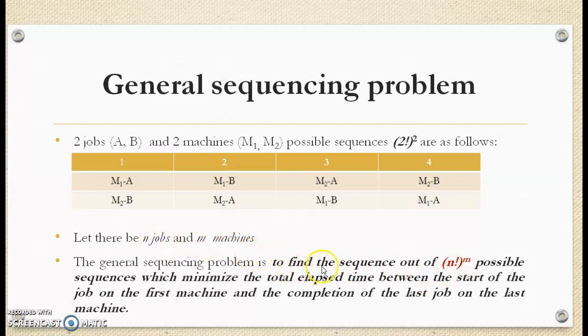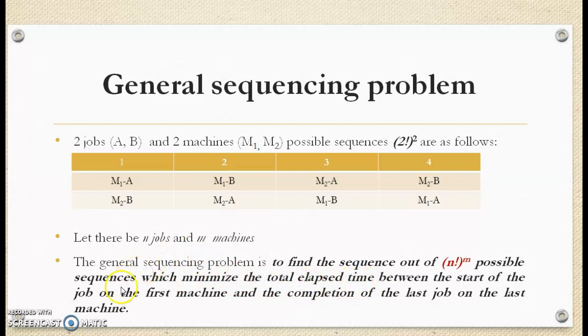We will have to find the sequence out of (n factorial) raised to m possible sequences that will minimize the total elapsed time between the start of the first job on the first machine and the completion of the last job on the last machine. So we are interested here in determining the best sequence which will minimize the total elapsed time.